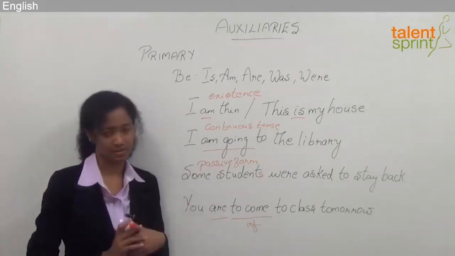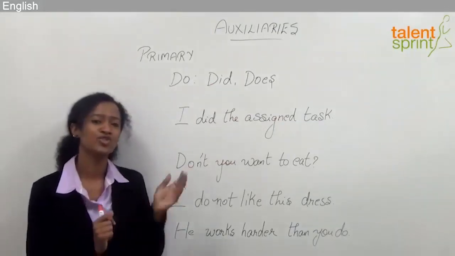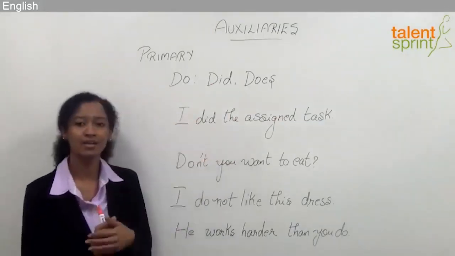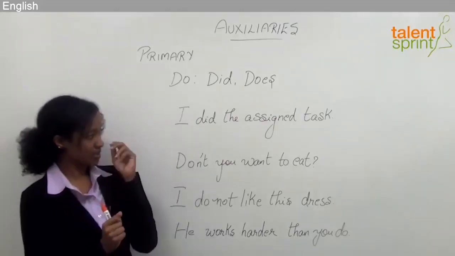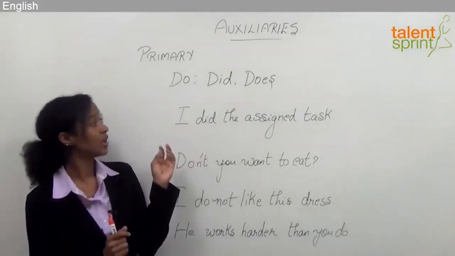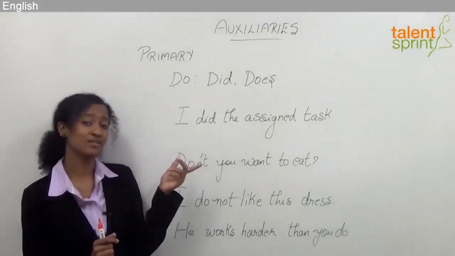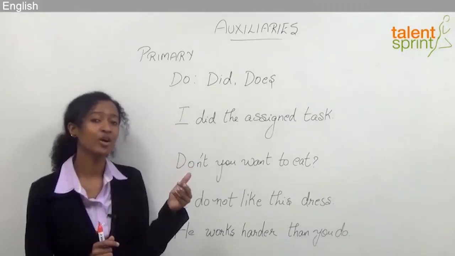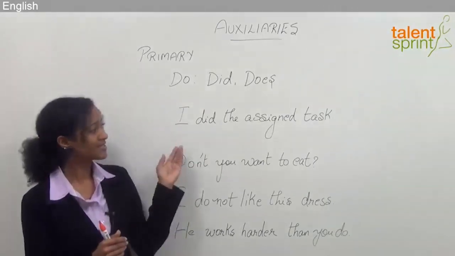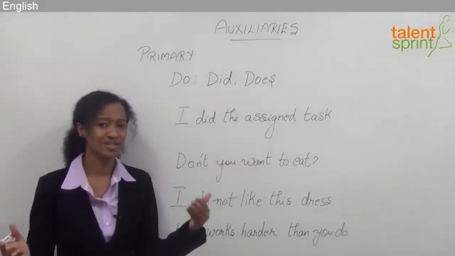Let's look at the next auxiliary verb. So our next primary auxiliary is do, and the forms are did and does. Now in the first sentence, I did the assigned task. Here, the verb do functions as a principal transitive verb in the meaning of perform, right? So I did the assigned task, or I do a series of business deals.